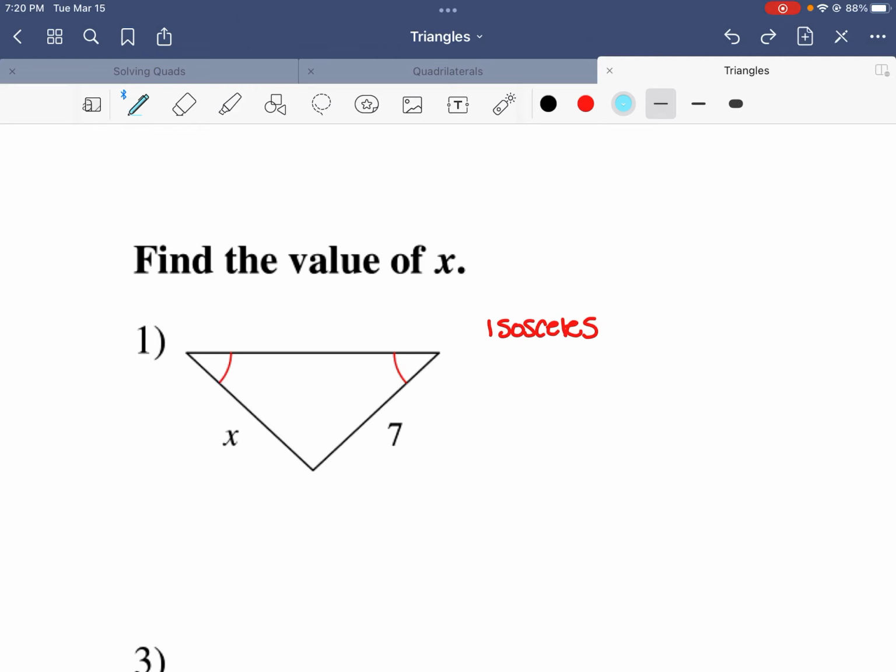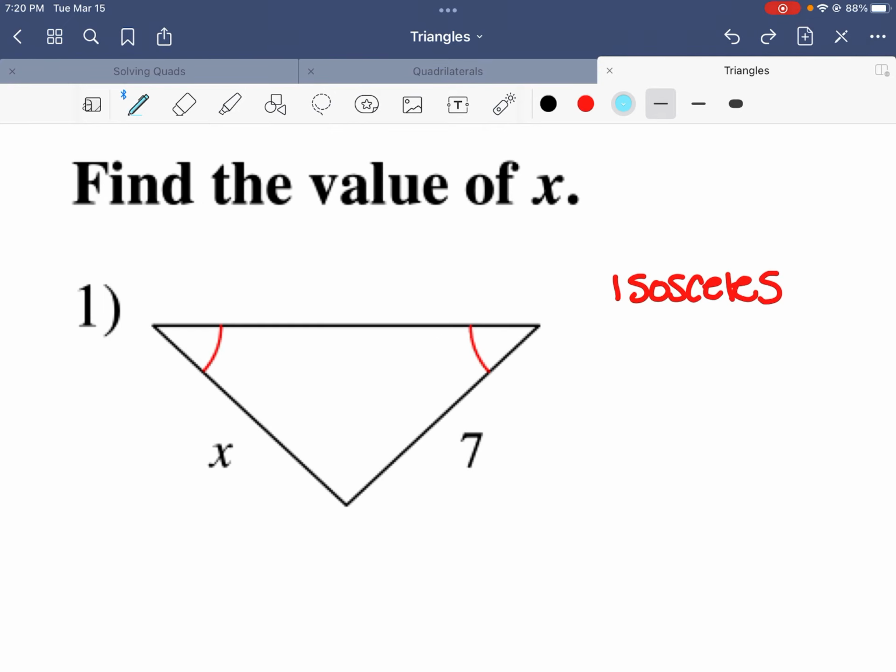You might be saying, well, how do we know which ones are equal? Well, the way we do it is that we look at the sides that are directly across from these angles. So the one directly across from this angle is right here. So that means that this side is congruent to the corresponding side of this angle.